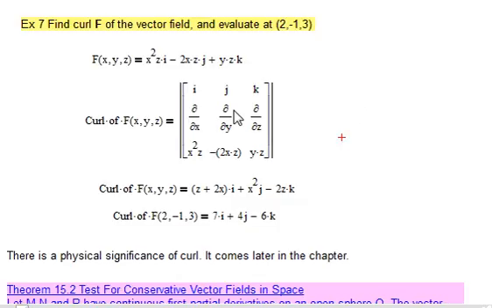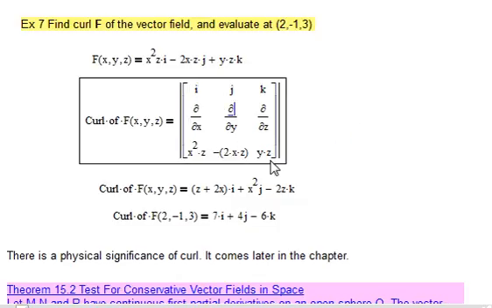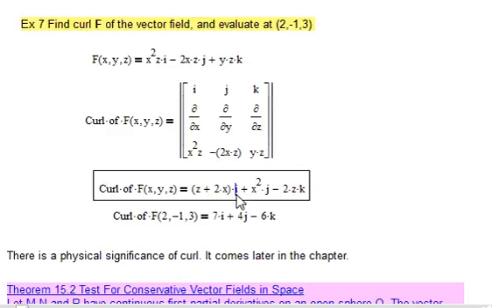So it's i times the partial of this with respect to y, which is z, minus the partial of this one with respect to z, which is -2x. So that's z minus a negative, so z plus 2x, times i.